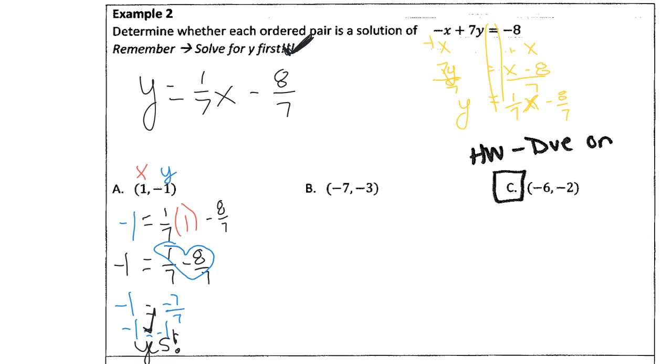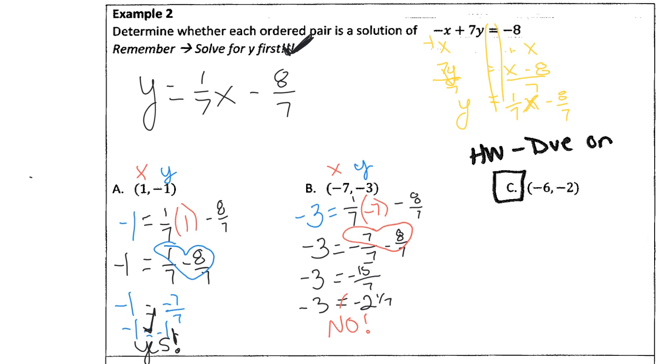One more. Let's look at B. So try B on your own. A calculator would have been really helpful. So you plugged in -3 for y and -7.